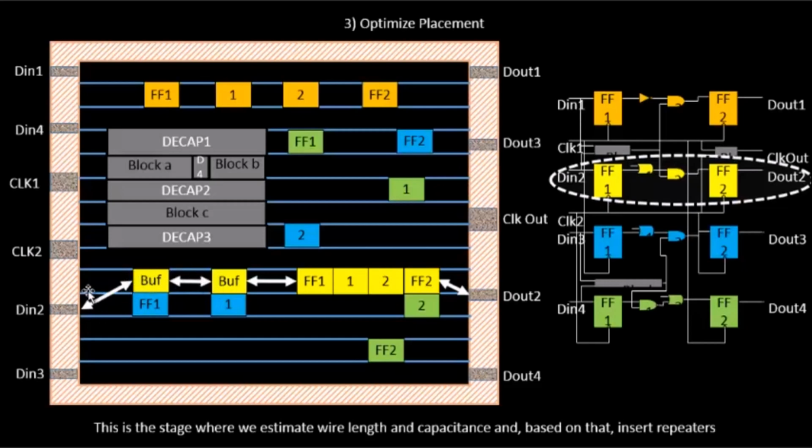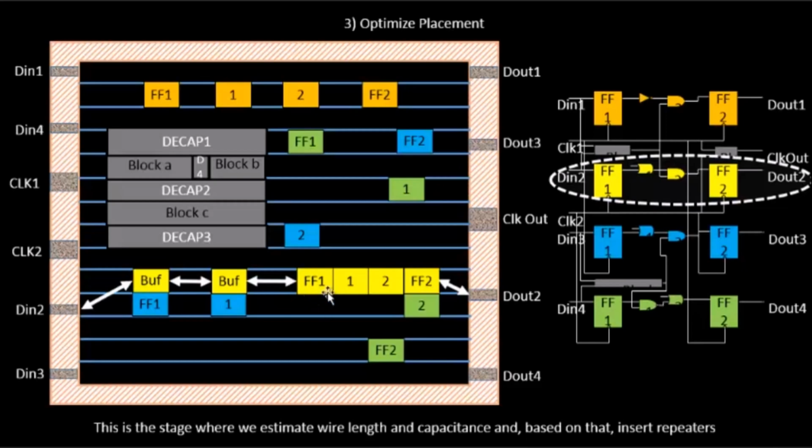These repeaters will take the signal from D in 2, repeat it or recondition it, reproduce the same signal and send it again. This buffer will again reproduce the same signal and send it again. So whatever signal conditions were there at D in 2 will be faithfully reproduced at the input of flip-flop 1. That was the purpose of adding these two buffers.